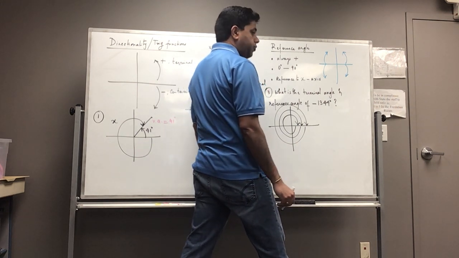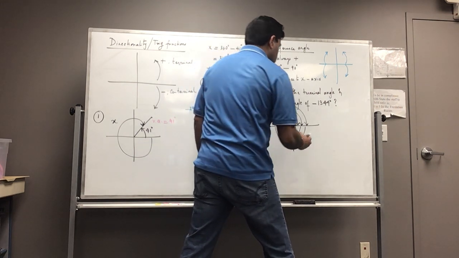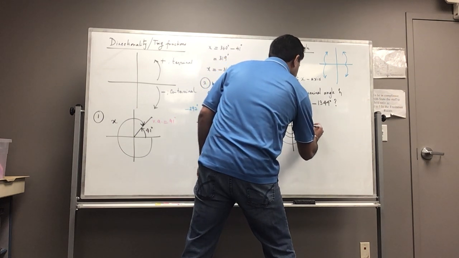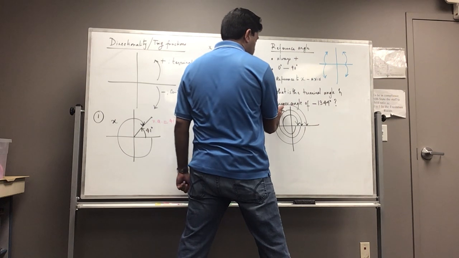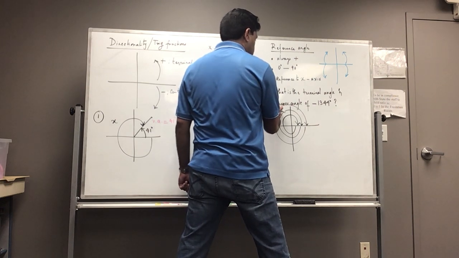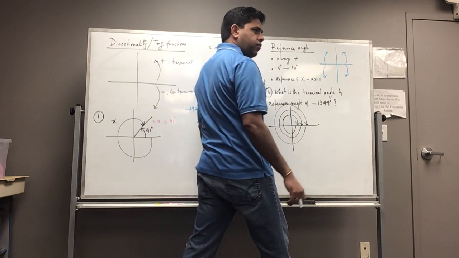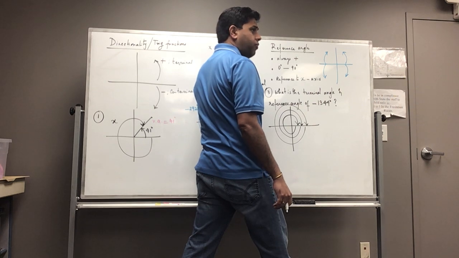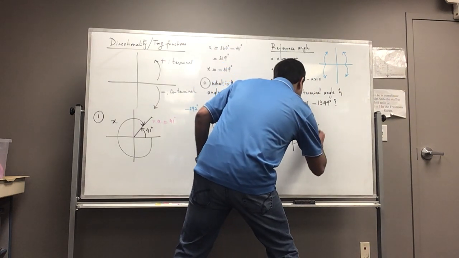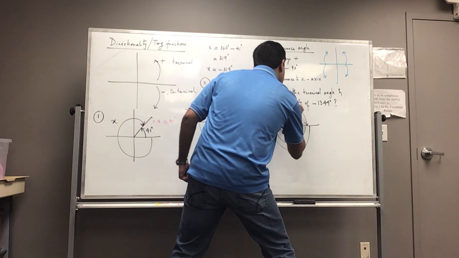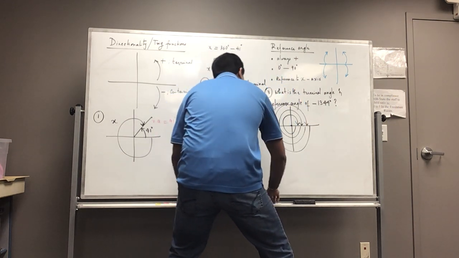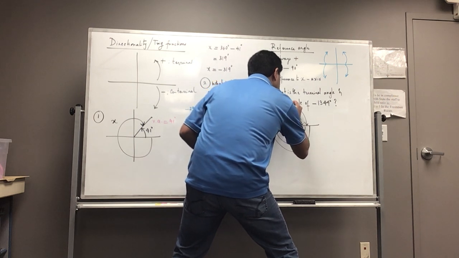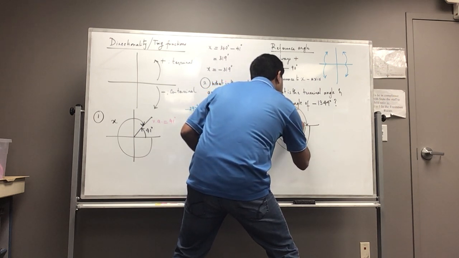How much are we left with? 264, I think. 264, so 180, how much are you left with in the second quadrant? 264 minus 180 is 84. So it's going to be somewhere here. This is what's going to be left. Am I right?